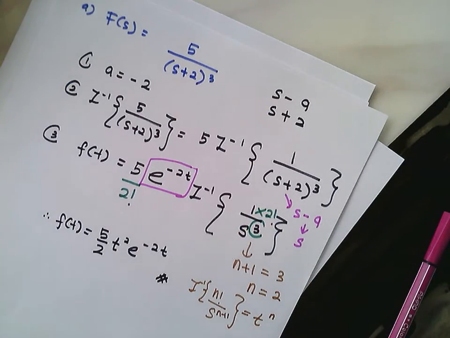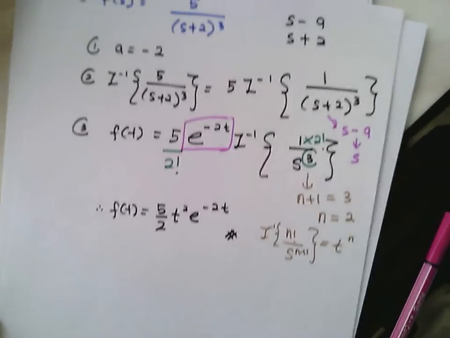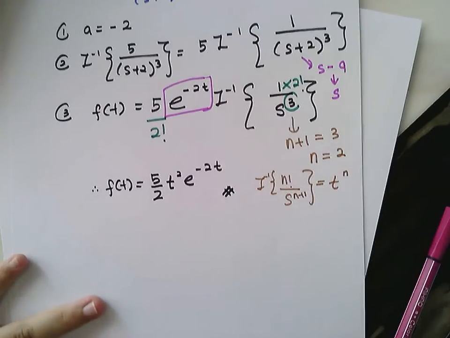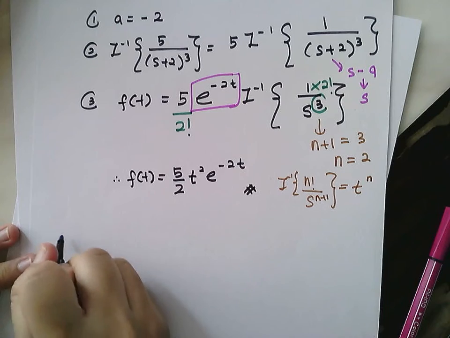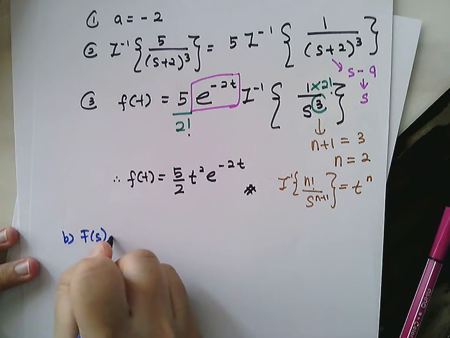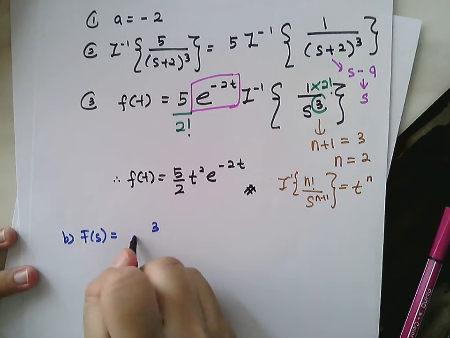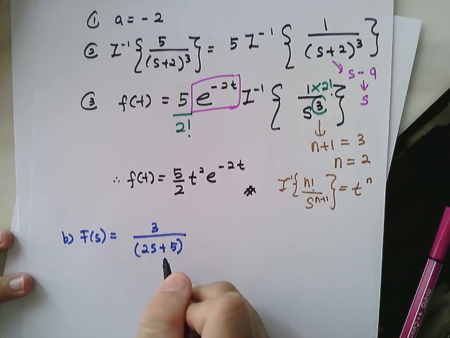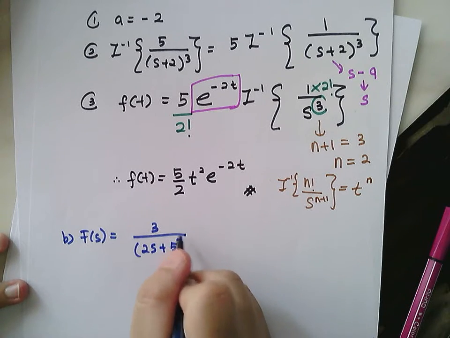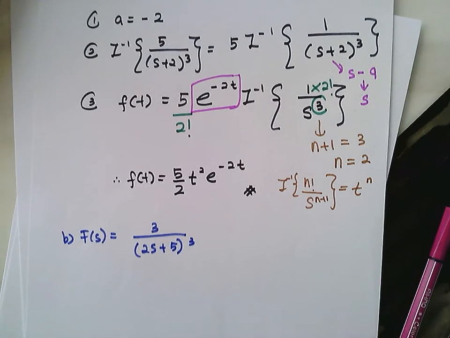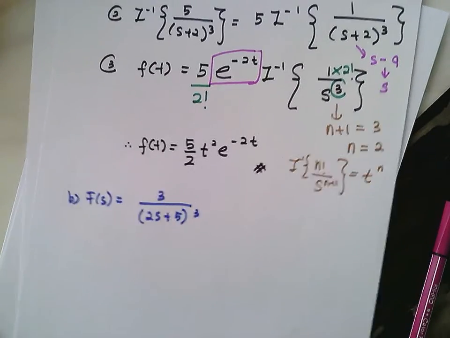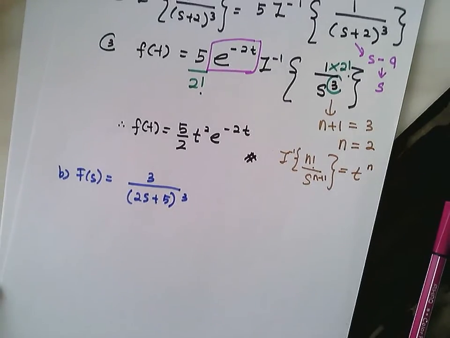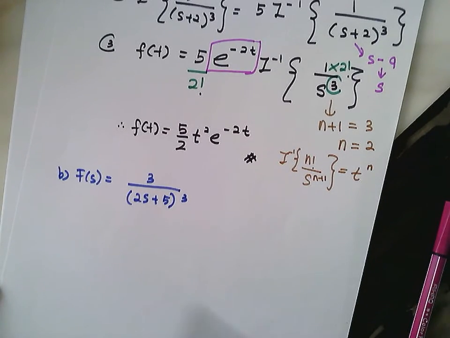Okay, so let's take a look at a second example. Let's say you have your F(s) equal to 3 over (2s plus 5) to the power of 3. So again, for this problem, you cannot get directly from the table, and you have a constant 3 here, so you can factorize it.